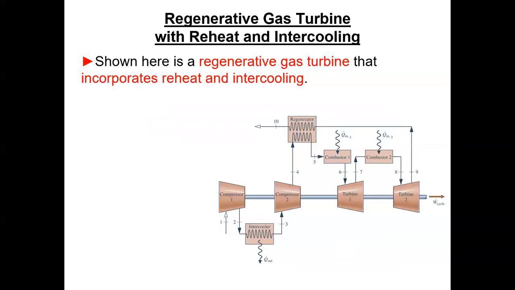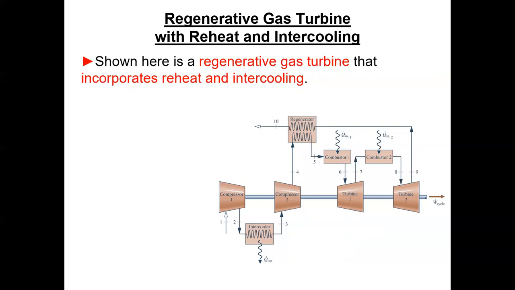These problems aren't too bad, but you see how it all goes together. We split the compressor into 2 stages. Intercooling reduces compressor work. We got hot gas coming out at 9. We put in the regenerator. We come out of the second stage of compression, we're going to boost temperature, which reduces the combustor 1 heat input.